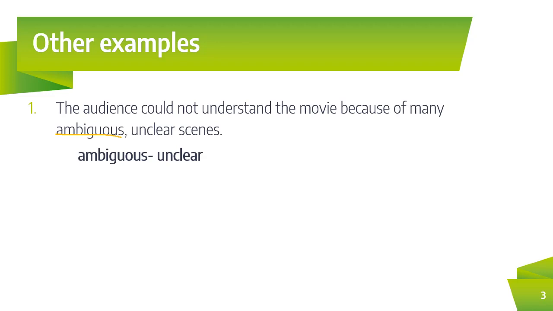What do you think is the word in the sentence that is synonymous to ambiguous? Okay, you are correct. The word is unclear. When we say ambiguous, it means unclear or not clear. So that is ambiguous.